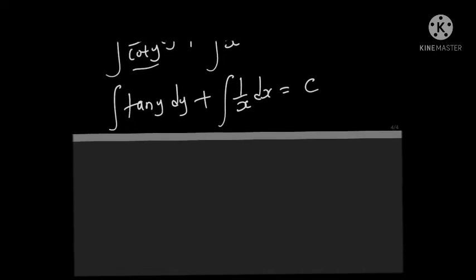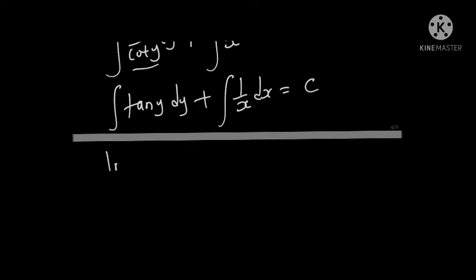The integral of tan y is equal to ln sec y plus, of course, the constant of integration. So we have ln sec y plus the integral of 1 over x, which is ln x, equals the constant of integration.